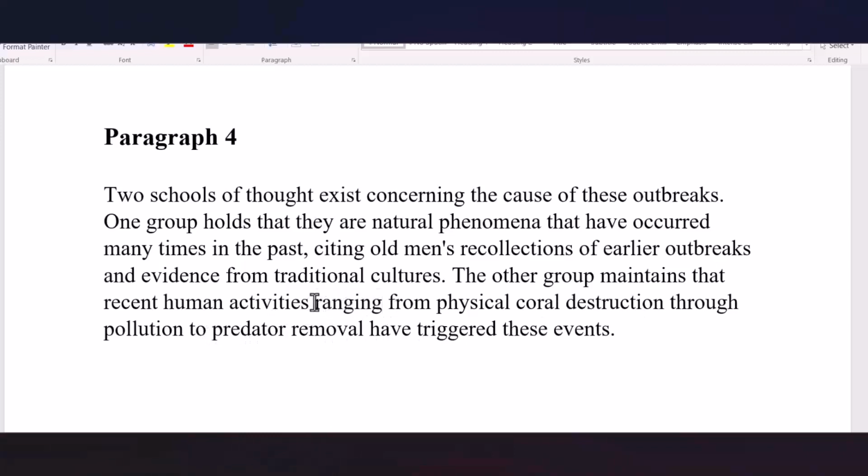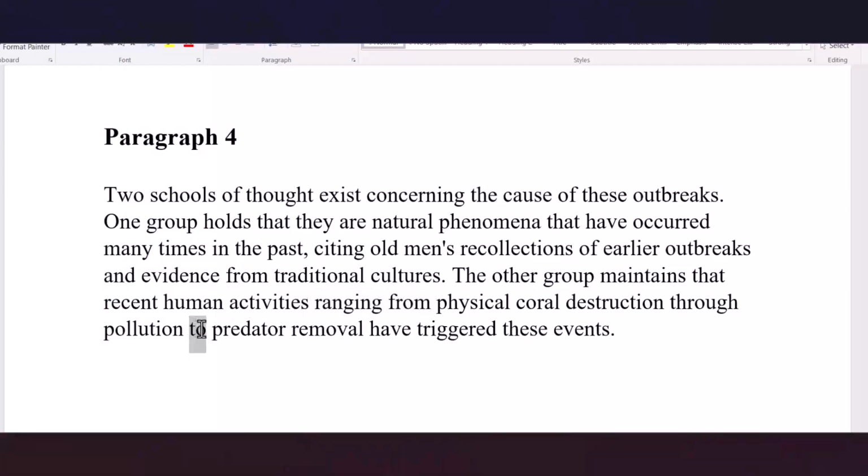If you have difficulty reading this clause that begins with ranging from, I should make it clear that when a clause begins with ranging from, you should expect to see the preposition to later in the sentence.